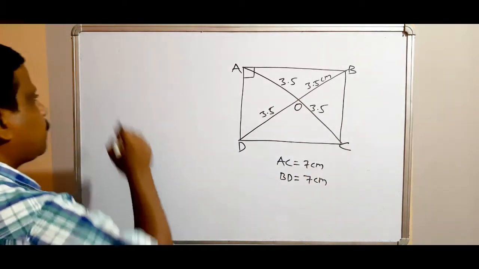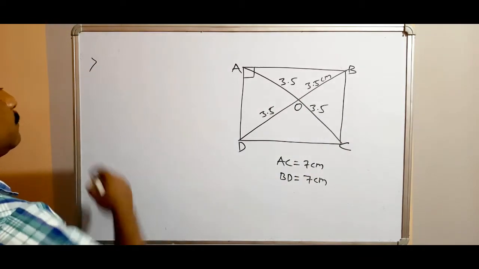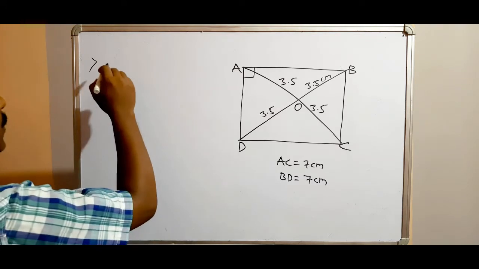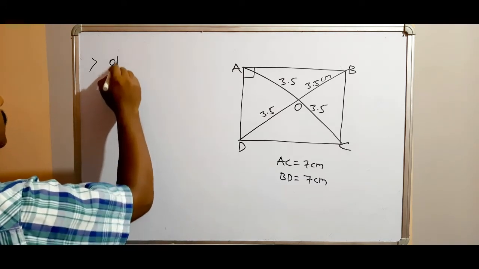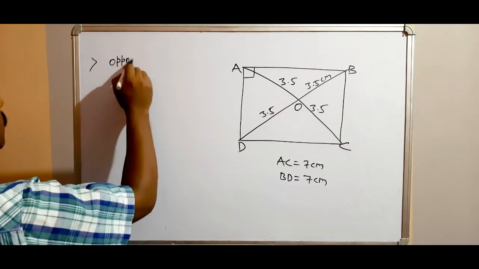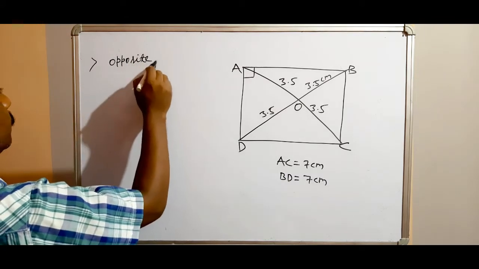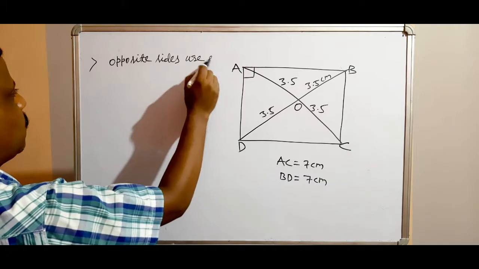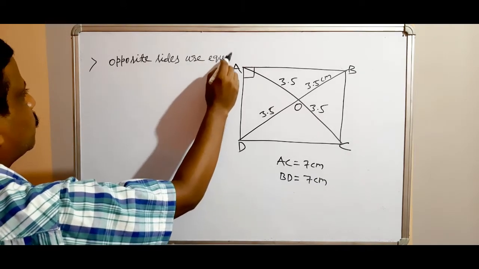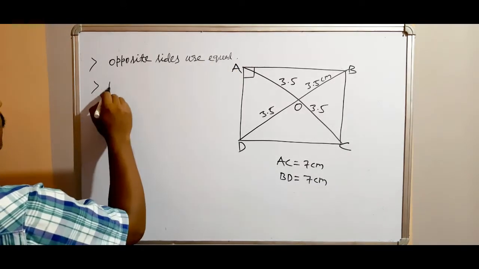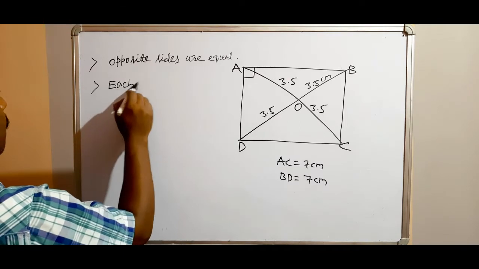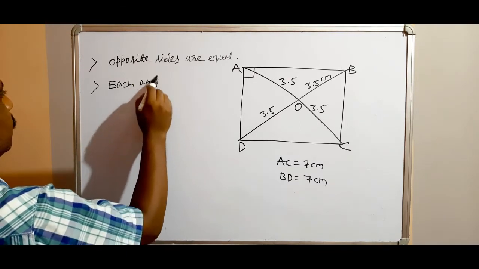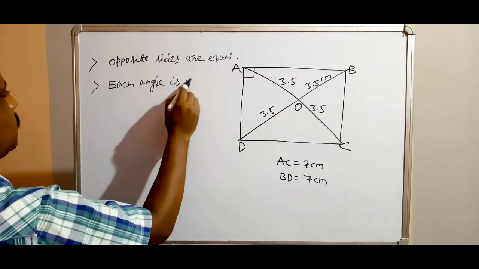Understood? These are the properties of a rectangle. I am writing here. In a rectangle, opposite sides are equal. Each angle is 90 degrees.